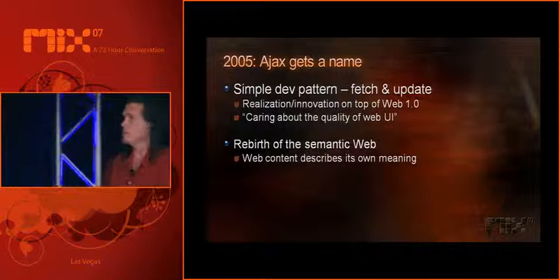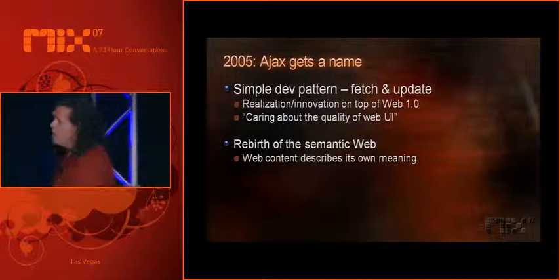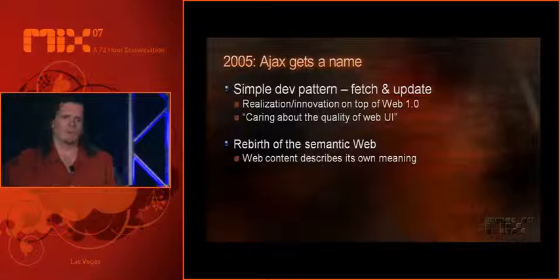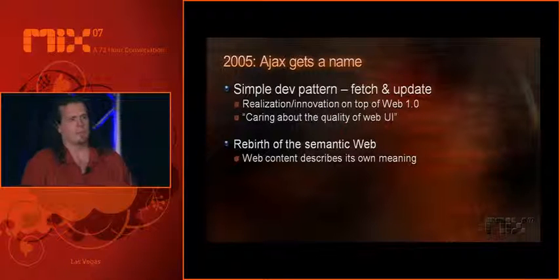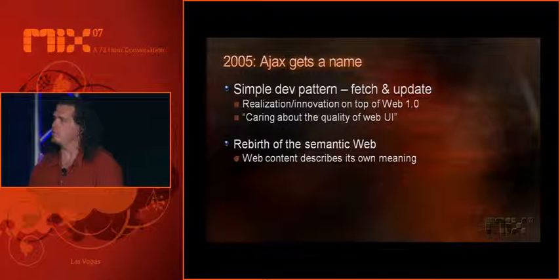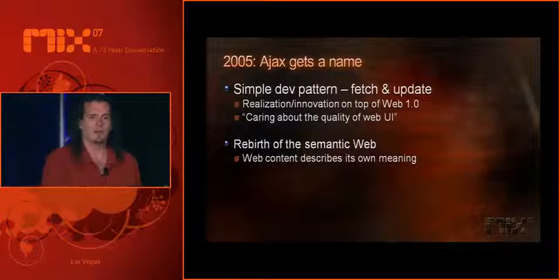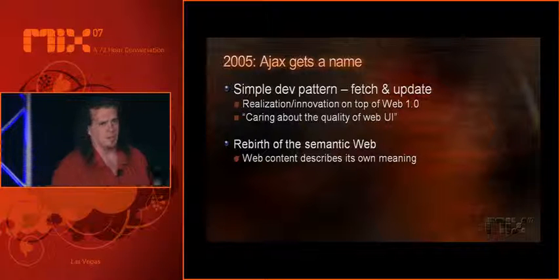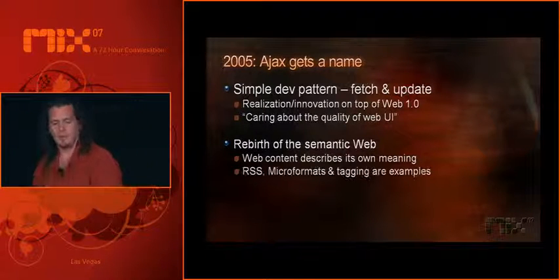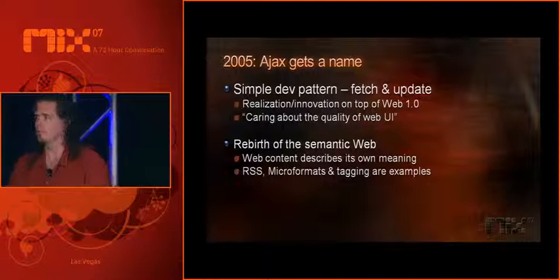The second thing that was starting to happen, and is still actually happening, a little bit slower in some ways, is that there's a rebirth in the concept of a semantic web, lowercase s for those of you who care, but web content really describing its own meaning, describing information that allows you to reuse it. RSS is obviously one example of this.